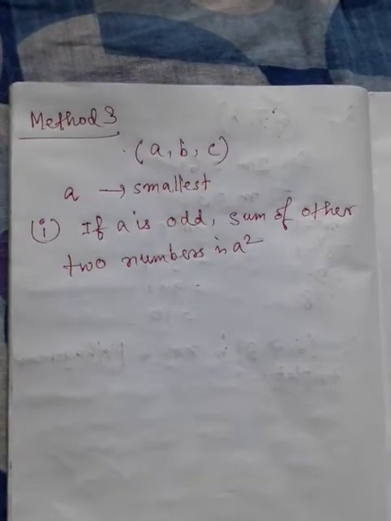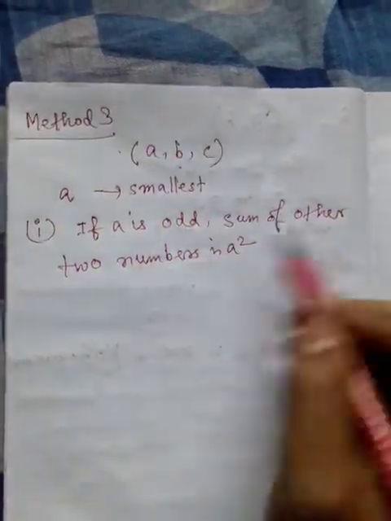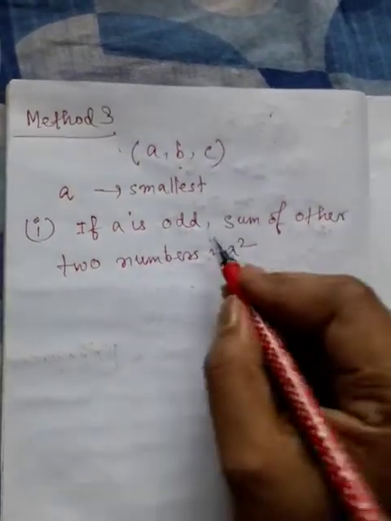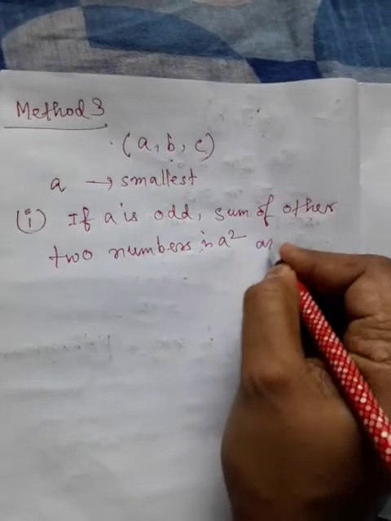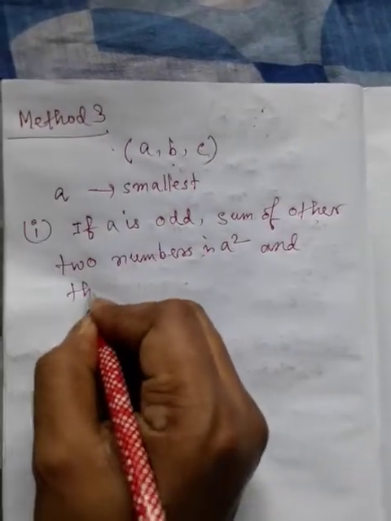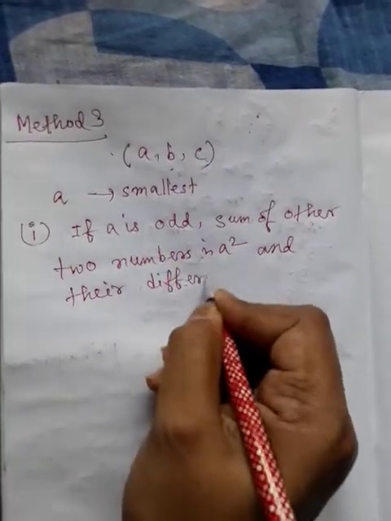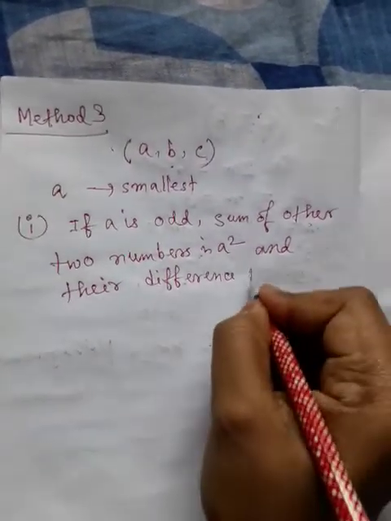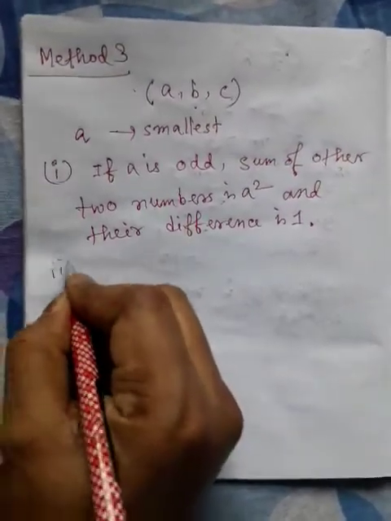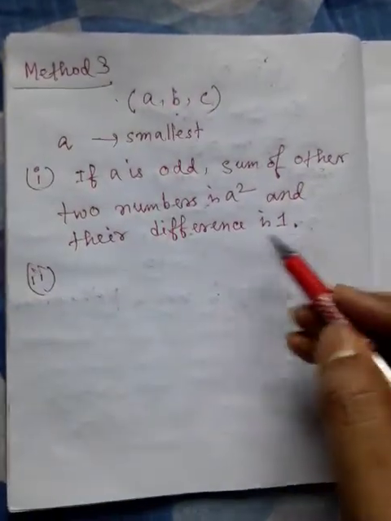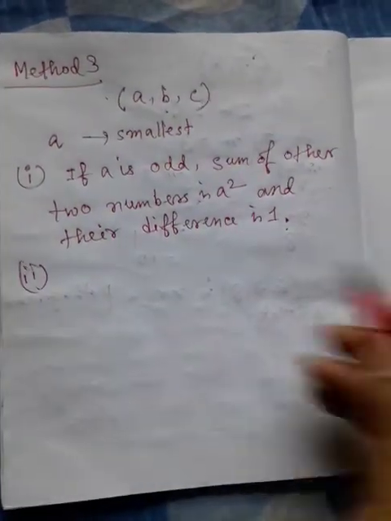Sum of the other two numbers means B plus C. The sum of the other two numbers is A square and their difference is 1. Then we can say that ABC is a Pythagorean triplet.